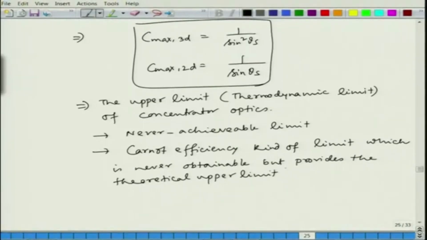Just to say that if somebody says some very large number, let us say 1 lakh times concentration ratio is achievable, whether you can believe him or not, this particular value puts that kind of limit.